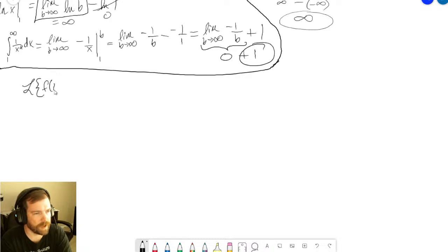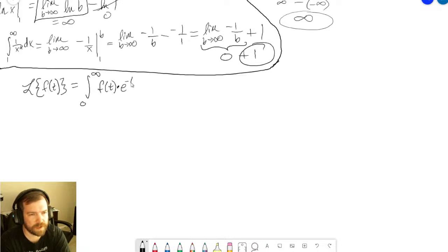are usually written as this cursive L of f of t, which is going to be equal to the integral from 0 to infinity of f of t times e to the negative st. Doesn't really matter there.